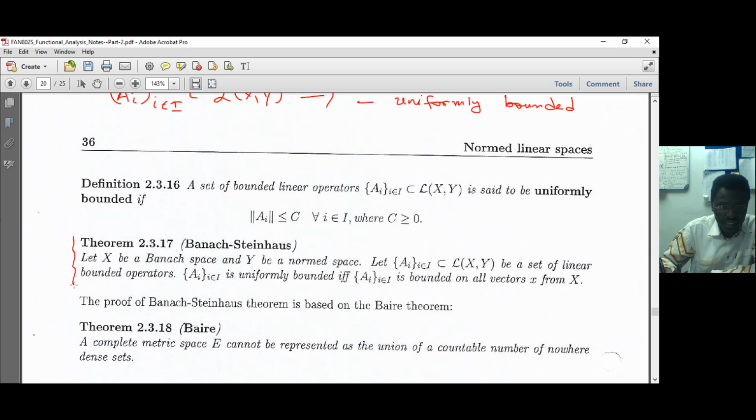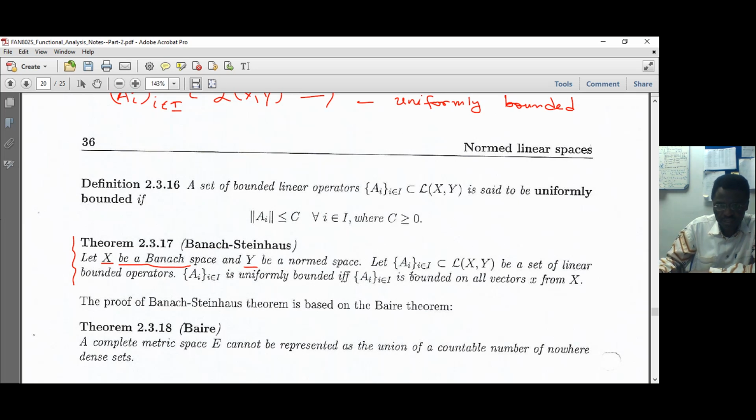Banach-Steinhaus Theorem tells us that if we have two normed spaces, where the first one, X, is a Banach space. So X, the source space, is Banach, and the other one is a normed space.